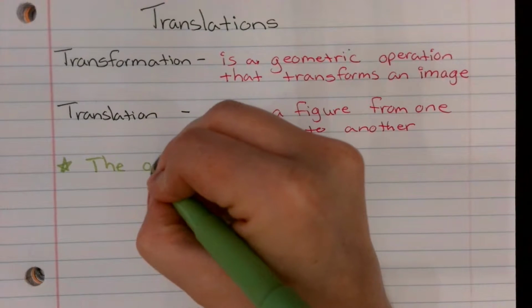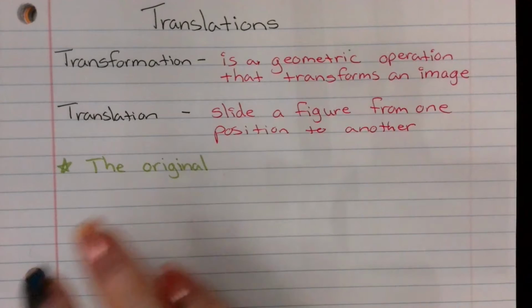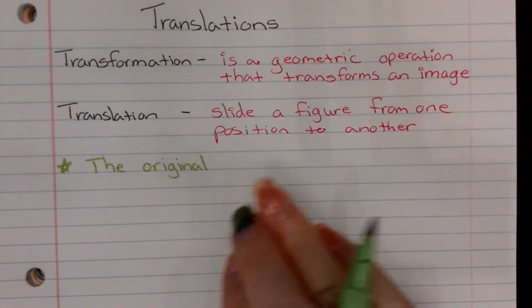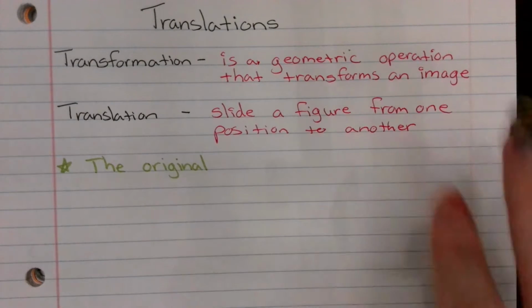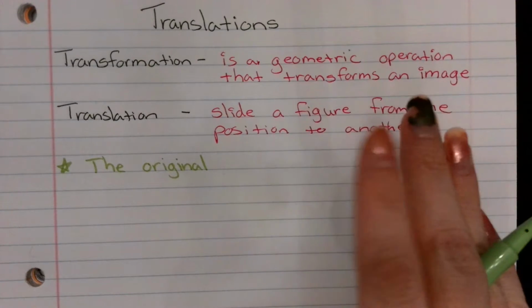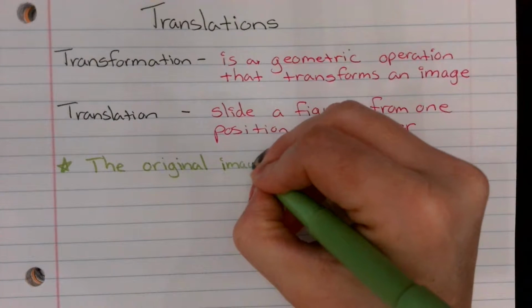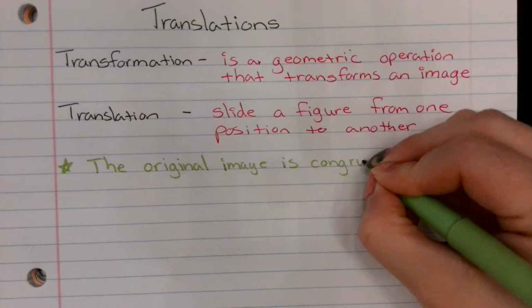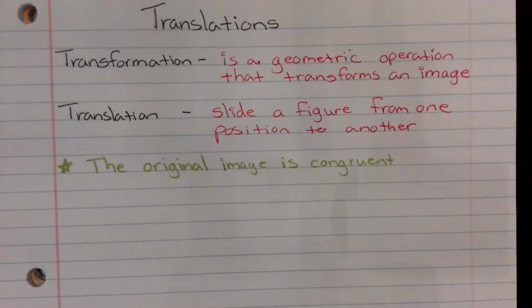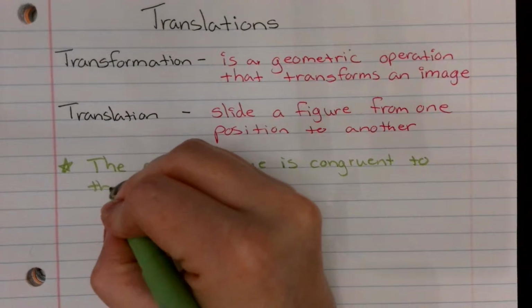So again, it's very important to understand that a translation is the only transformation that maintains the size and the orientation of your figure. So your original image is congruent, and congruent means that it's equal, so it's equal to the translated image.